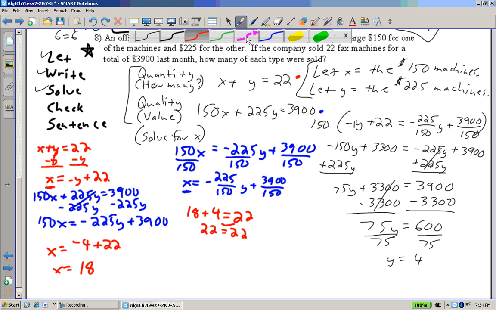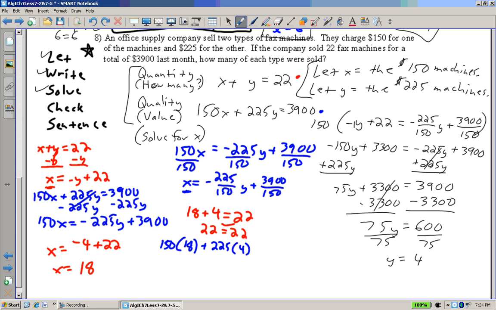Also, in the blue, 150 times x, which is 18, plus 225 times y, which is 4, is supposed to be 3,900. Now, 150 times 18, that's going to give me 3,300.